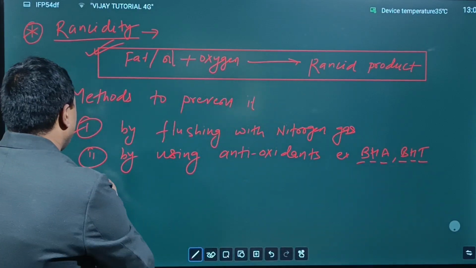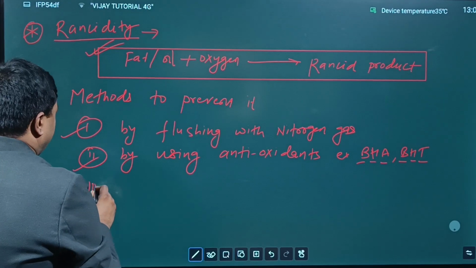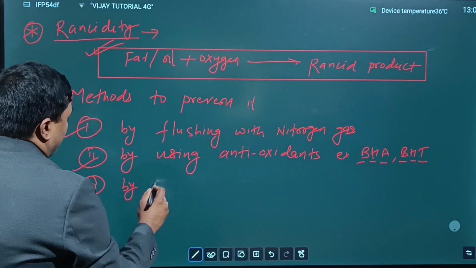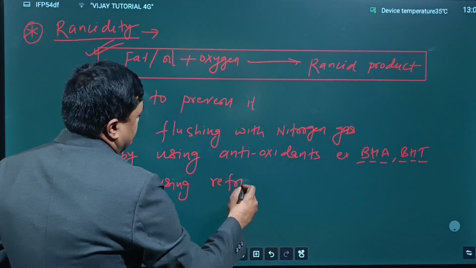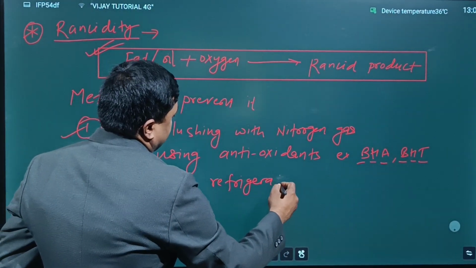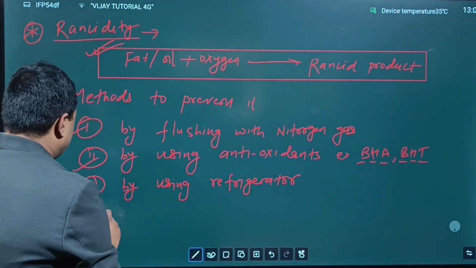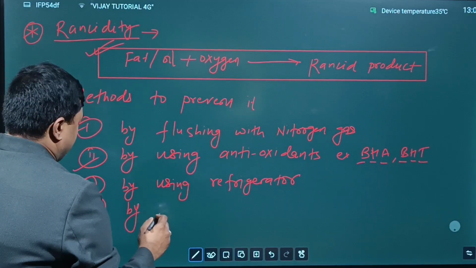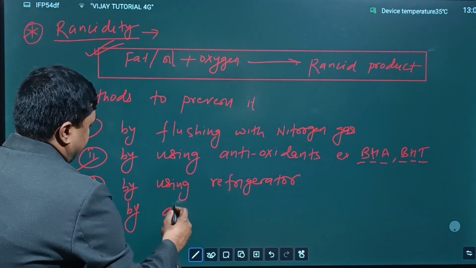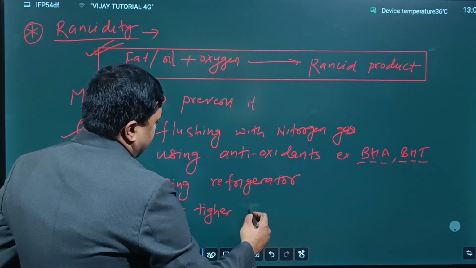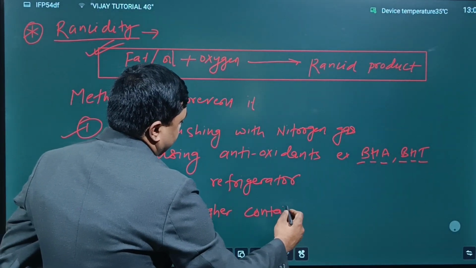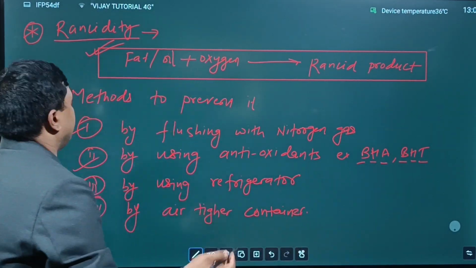So these are examples of antioxidants. Third, we can say by using a refrigerator. And the fourth step, by airtight container. This question may be asked for 2 to 3 marks.